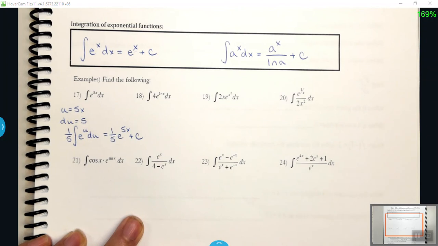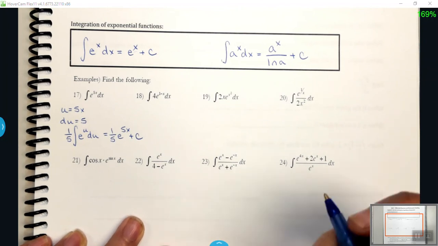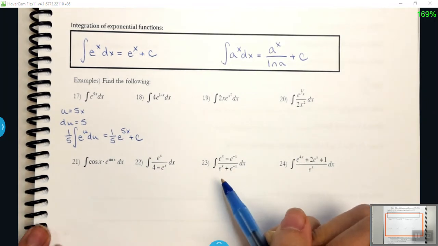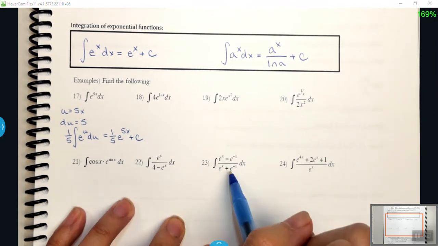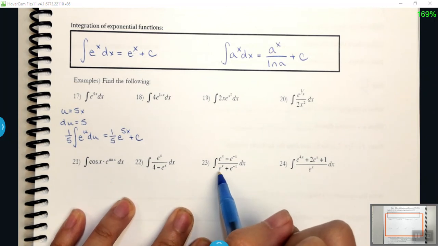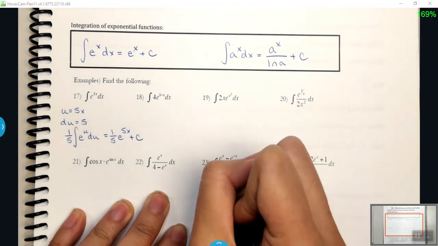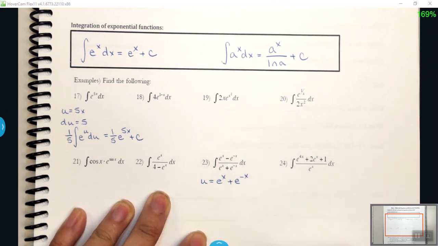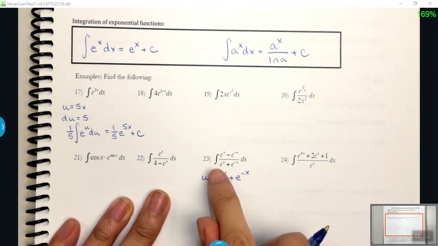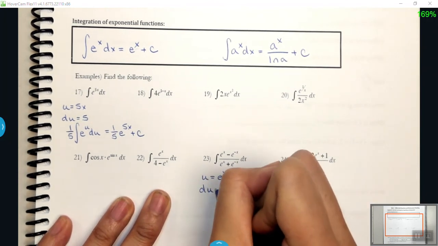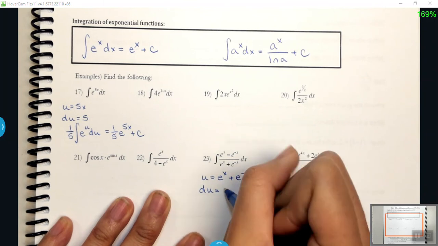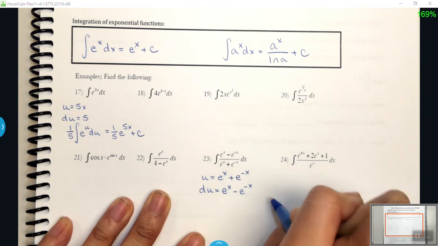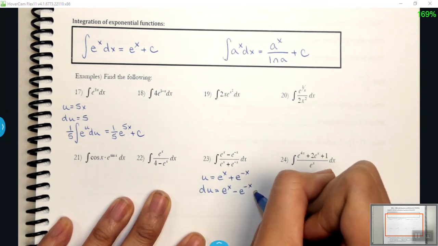Pick one for us to do. 23 and 24. Okay. So for 23, this is ugly, yeah. But what I notice is if I make u e to the x plus e to the negative x, my denominator, what's du? e to the x minus e to the negative x dx.